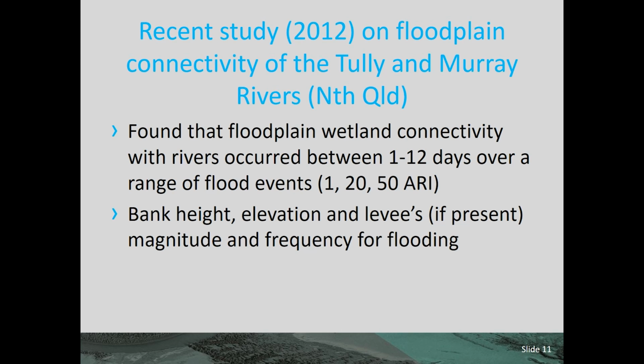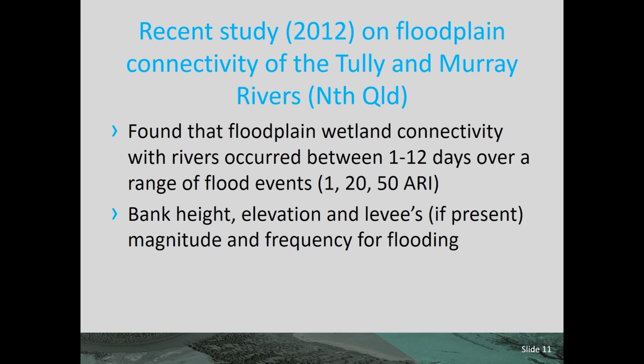That inundation frequency is dependent on bank height, elevation, and levees, and that all controls the magnitude and frequency of the flooding of that particular floodplain wetland. So if you can just hold on to that thought, we've done a design for a system right at the end where we talk about connectivity. I'll talk about a case study.